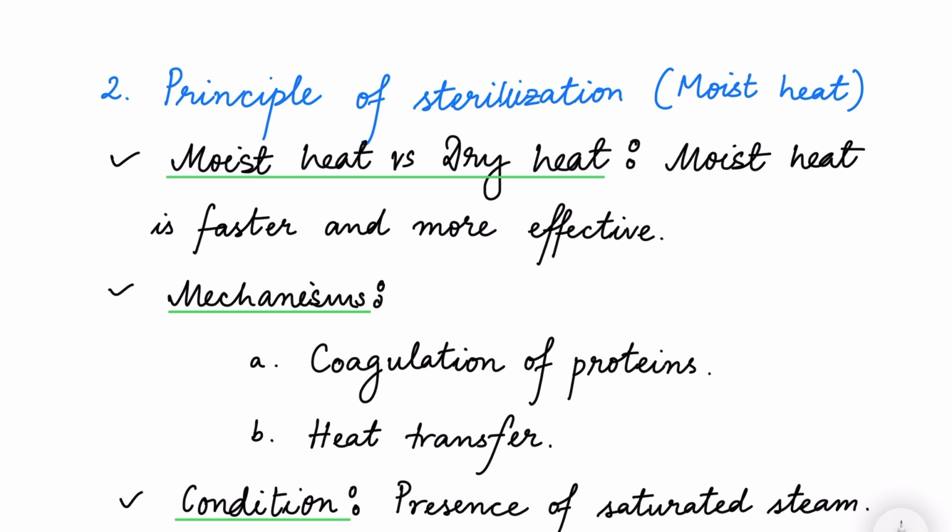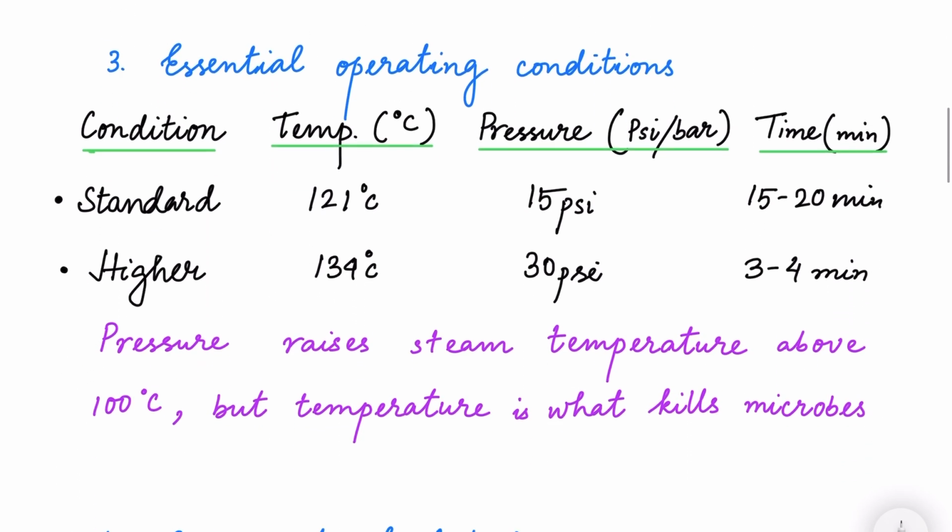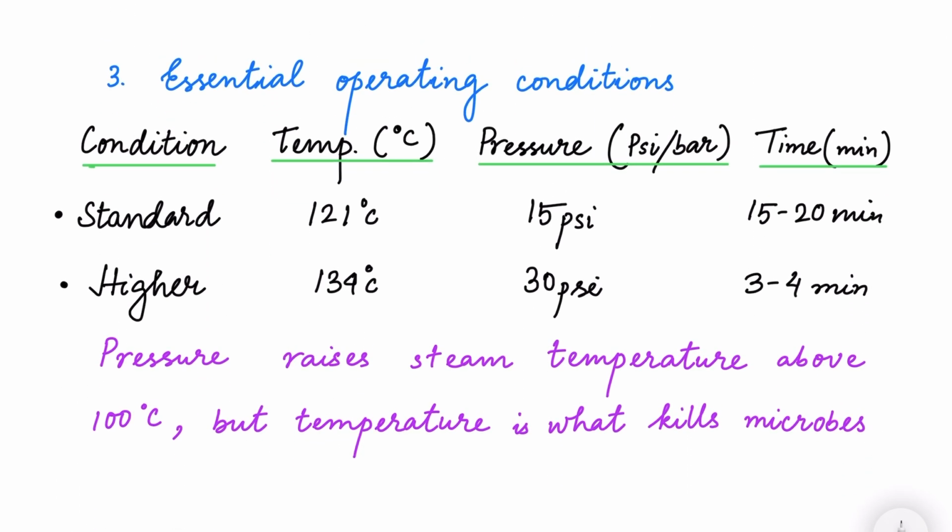Another important point here is that sterilization requires the presence of saturated steam. Simply heating without proper steam will not give the desired result. So, this brings us to the operating conditions of an autoclave.